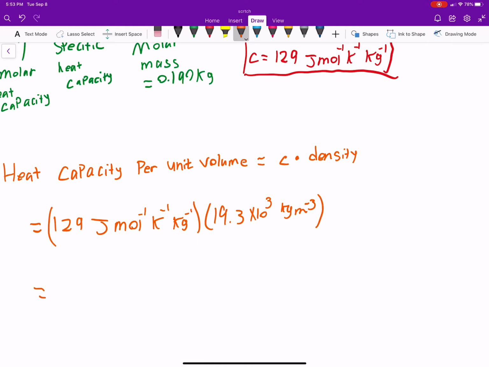So that ends up being 2.5 times 10 to the 6 joules per Kelvin per meter cubed, because this kilogram and this kilogram will drop.